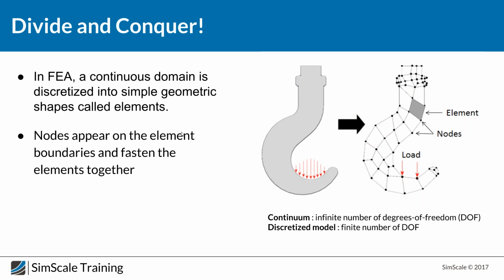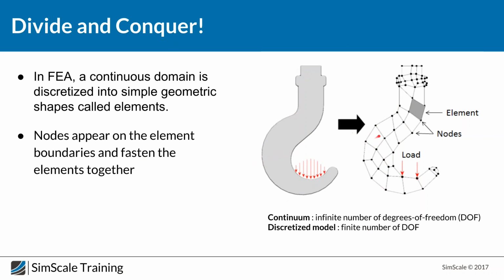And that's what I referred to when I said we're transferring a continuous domain to a discretized domain, because here we have a continuous domain, and continuous means that we have basically an infinite number of points. It's like the infinite resolution of real world objects. But this is something we cannot solve with a computer. So what do we do? We replace this problem by a simplified problem, which is assembled by these simple geometrical shapes, which we call elements.